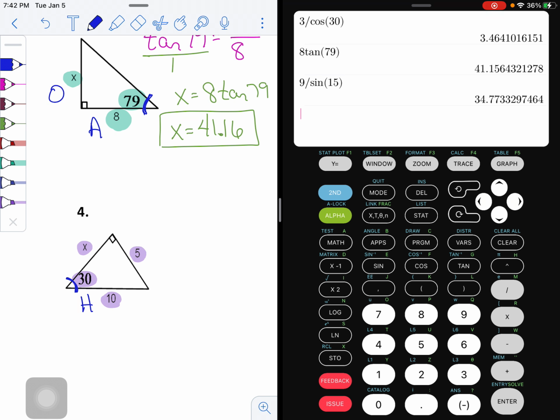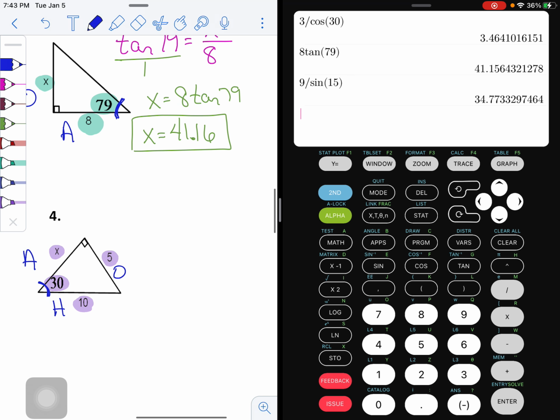Our hypotenuse is right here, our opposite is here, and our adjacent is here. Now we actually have 2 options. We could use adjacent and opposite, or we could use adjacent and hypotenuse. What you wouldn't want to do is use opposite and hypotenuse because we know those, and so that's not going to help us find x.